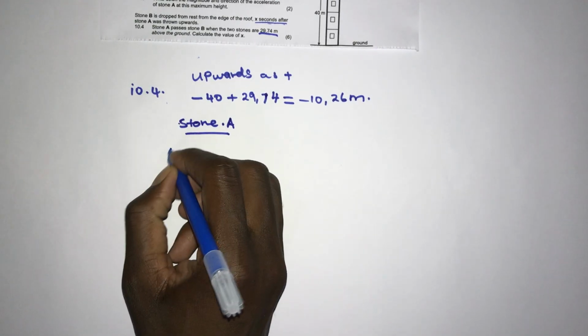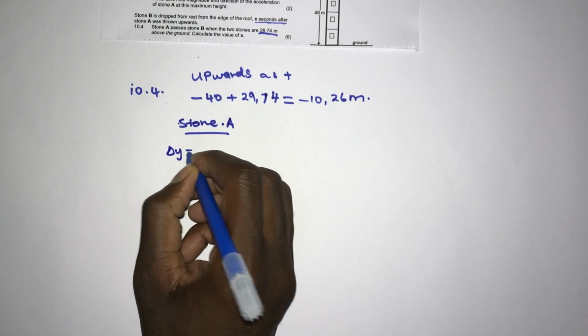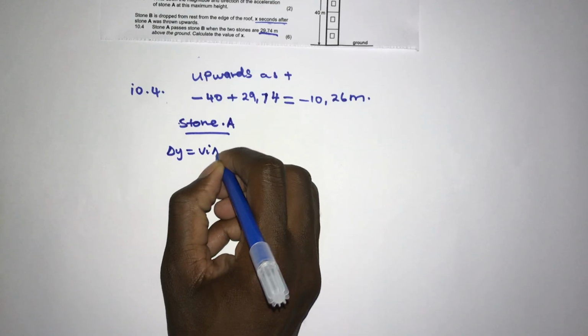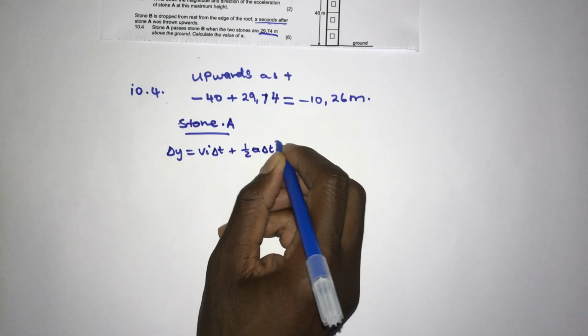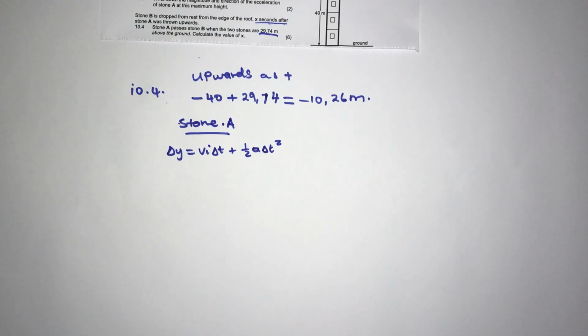For stone A, change in y is equal to vi change in t plus 1/2 a change in t squared. Once they talk about two stones or two objects, this is the only formula that you are going to need.